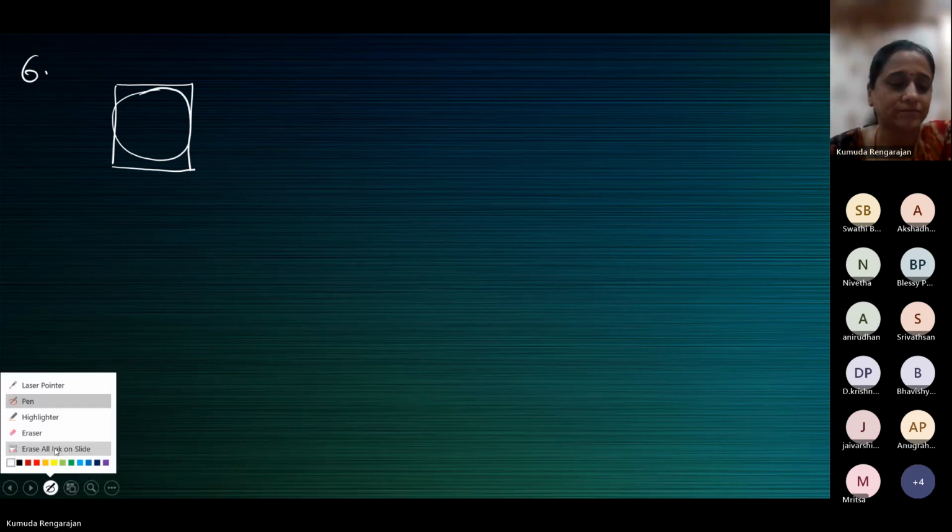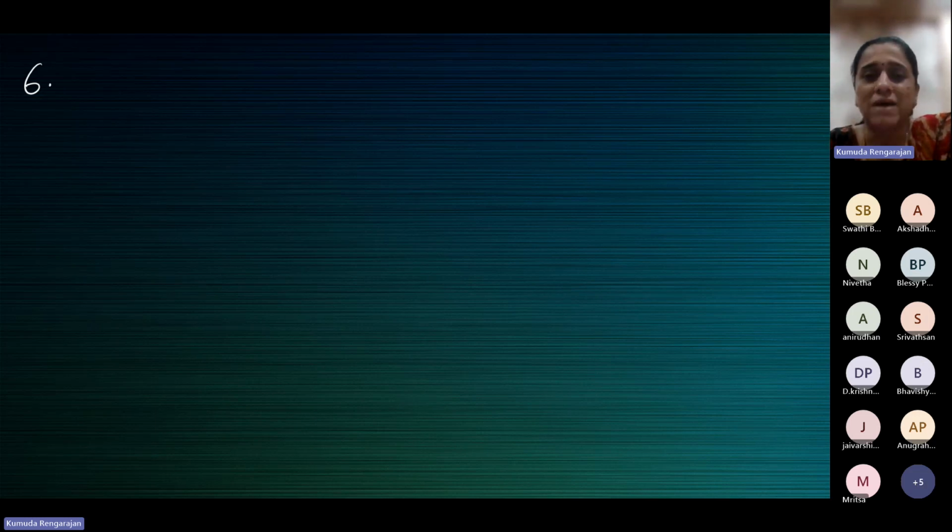So with this, you can understand that the largest diameter the circular base of the cone can have is the edge of the cube. The base of the cone is a circle, right?